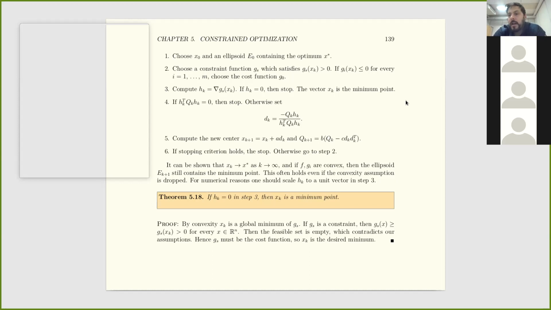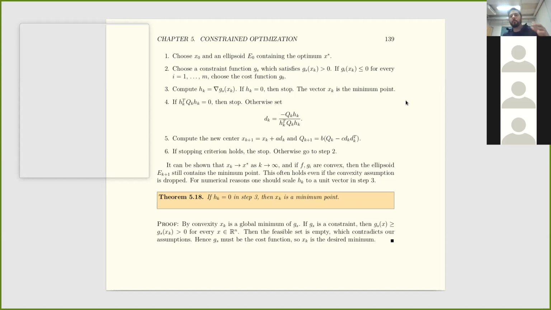The point here is that if the inside of the region does not contain any minimums or any critical points of the function, then where does this gravitate towards? It gravitates towards the boundary point at which the function is minimized.